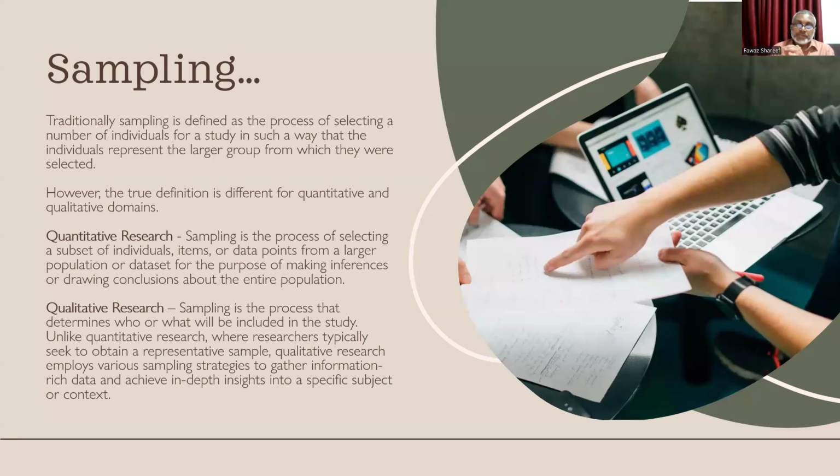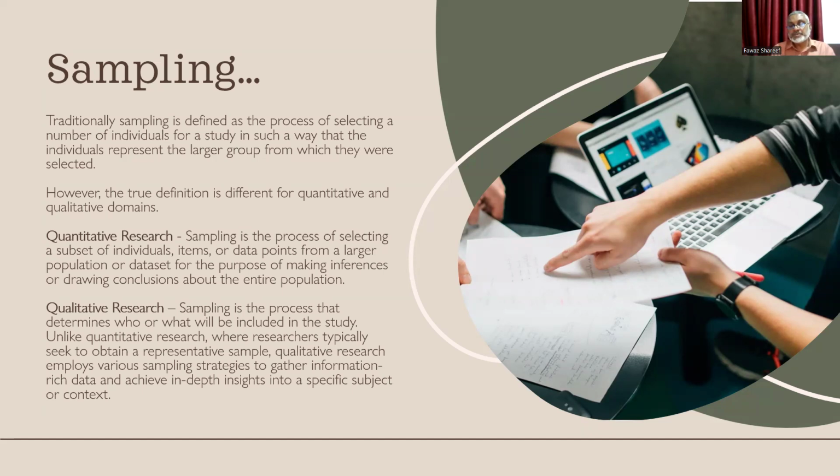However, in the case of qualitative, sampling is the process that determines who or what will be included in the study. It doesn't necessarily have to be from a larger group or representation.